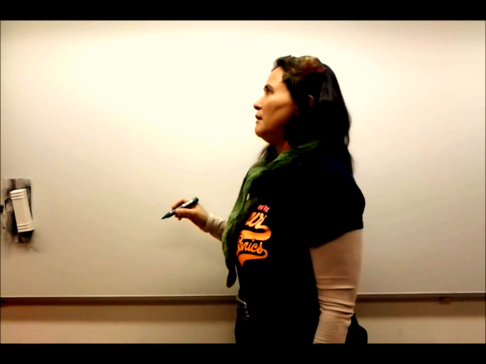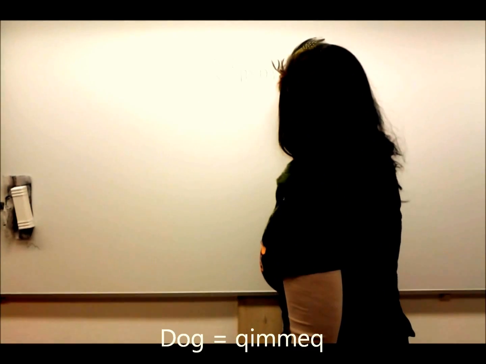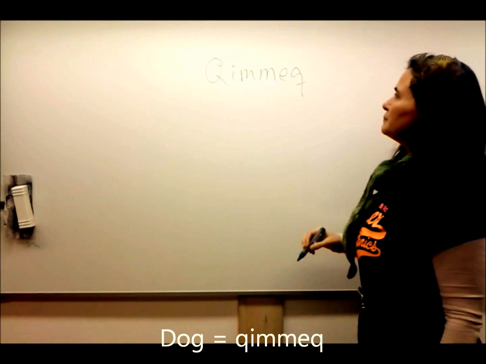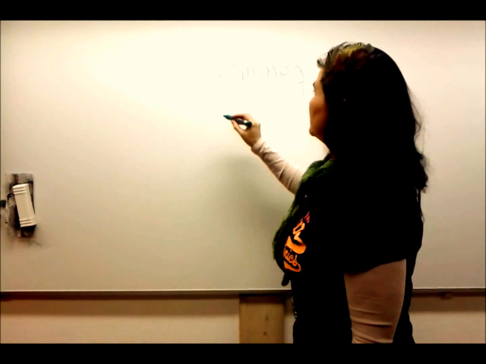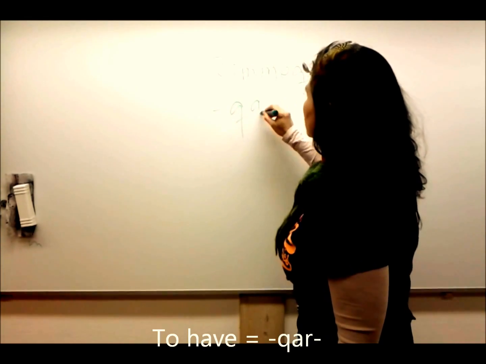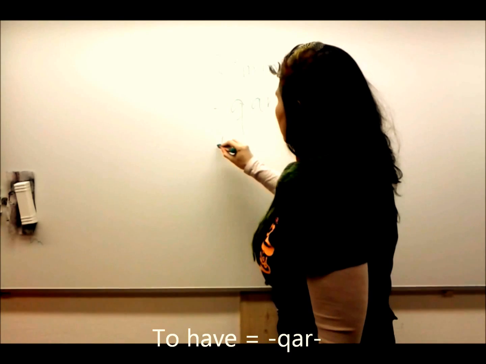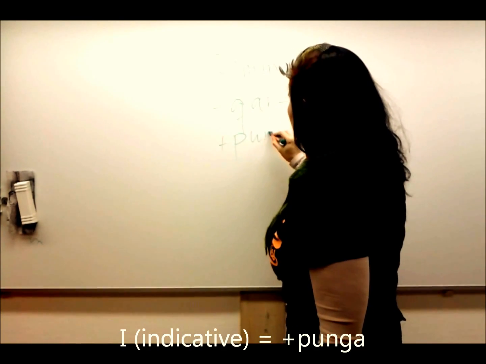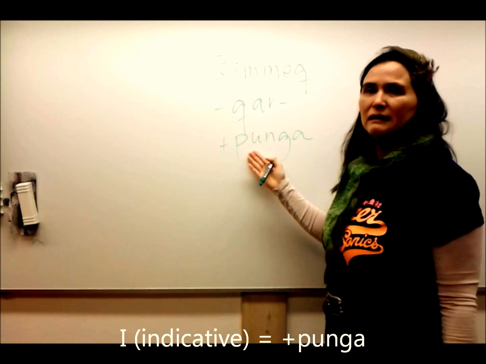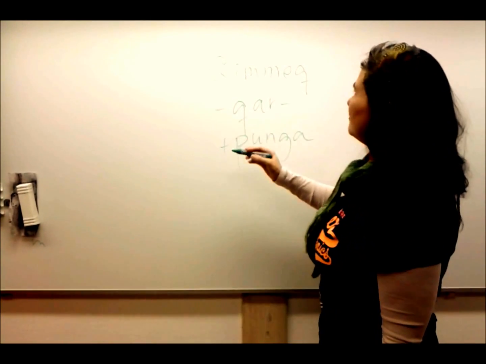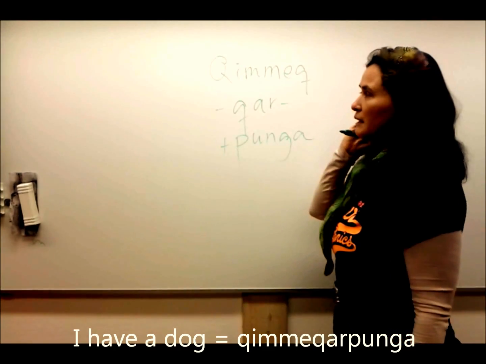For instance, a dog is qimmeq, and to have in Greenlandic is expressed with this -qar, and to say I, I put the verbal inflection -punga, which means I in indicative. So I have a dog becomes qimmeqarpunga.